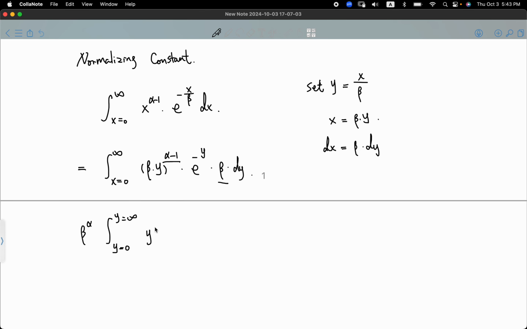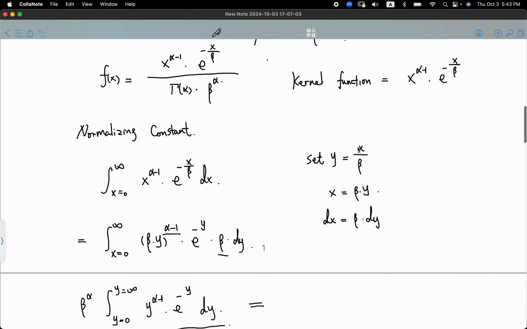And then we have y raised to the power of alpha minus 1, and then e raised to the power of negative y here, and then dy. Okay, so now I just want to mention that this particular thing is the definition for a gamma function.